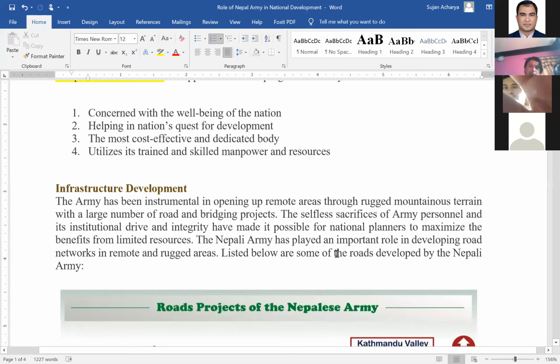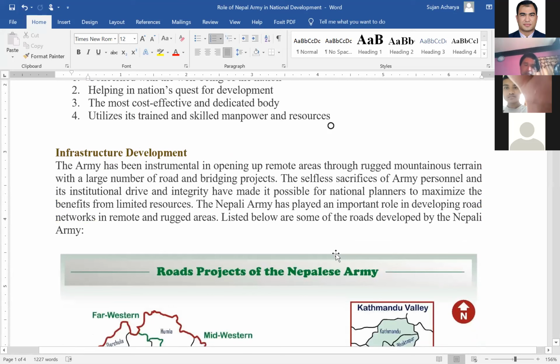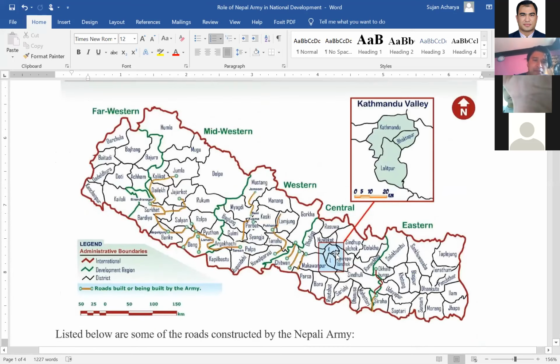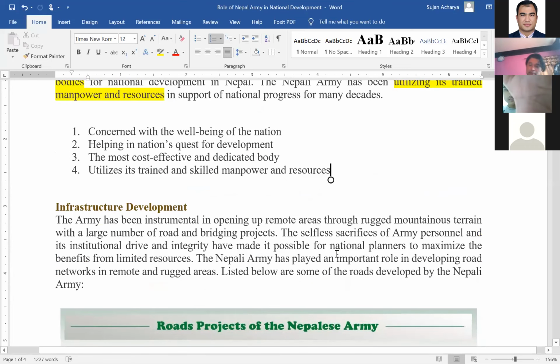Next, the role of Nepalese army in infrastructure development, and here you have a map as well. The next idea is, everyone will write an essay following the same traditional pattern, and everyone's paper is filled with writing.